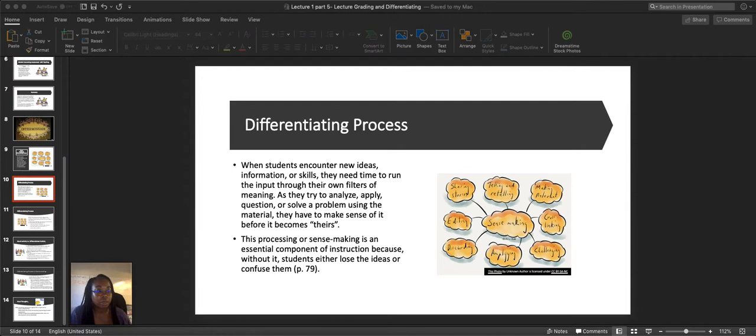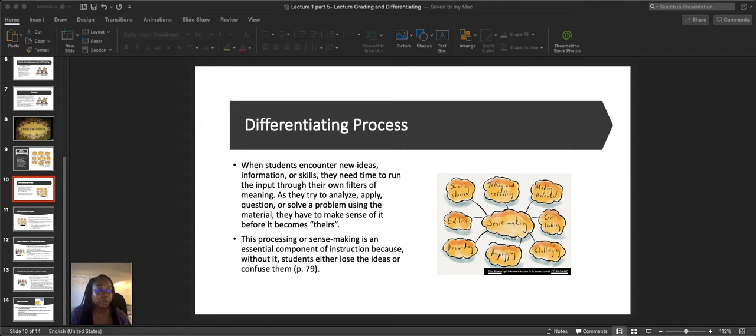And if we don't set up a sense making procedure or process by which our instructional methods and our assessments enable students to process what we're teaching them, they will not have an opportunity to really show what they know.